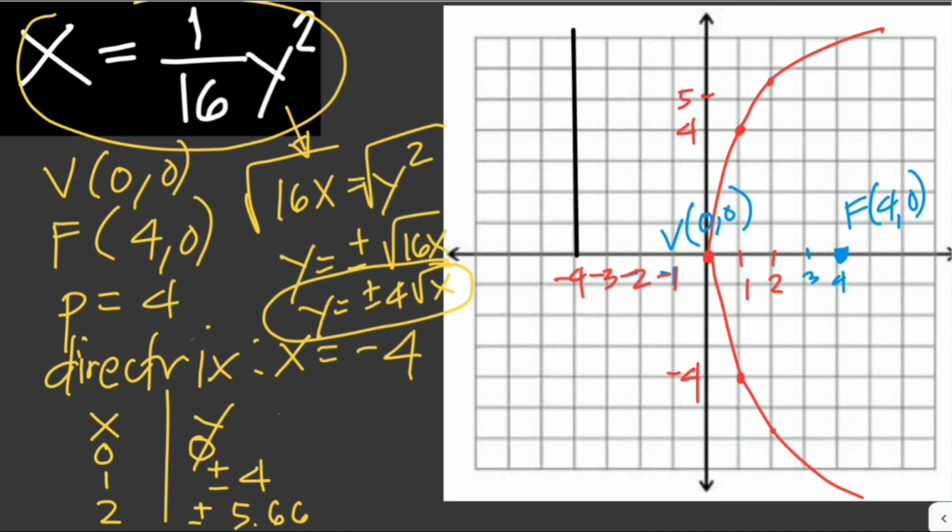And this is our directrix here. Directrix x equals negative 4. So that is the graph of x equals 1/16 y squared.